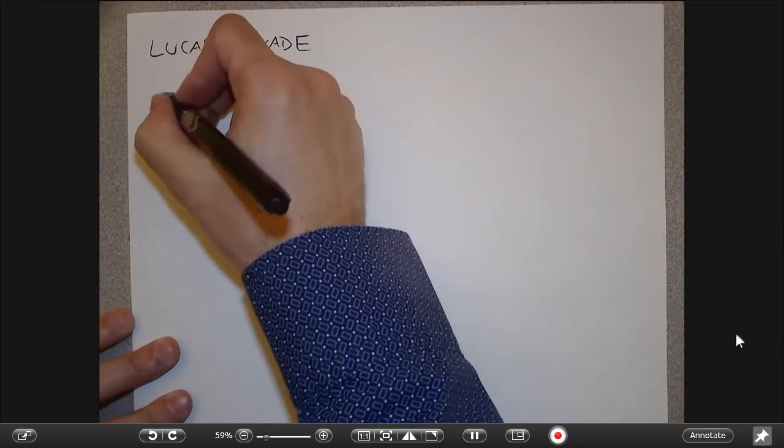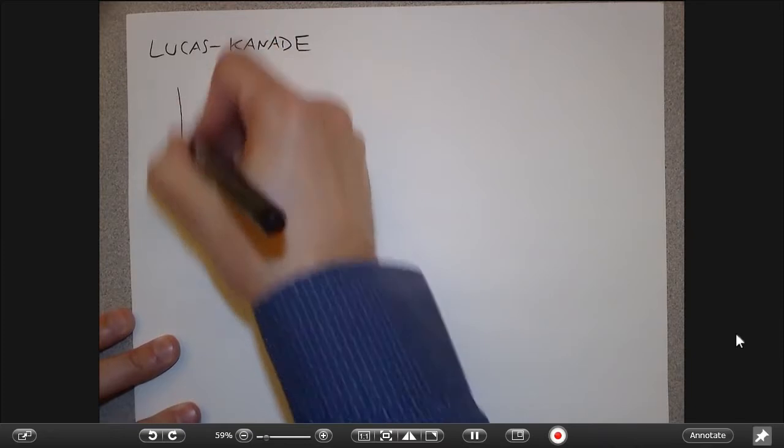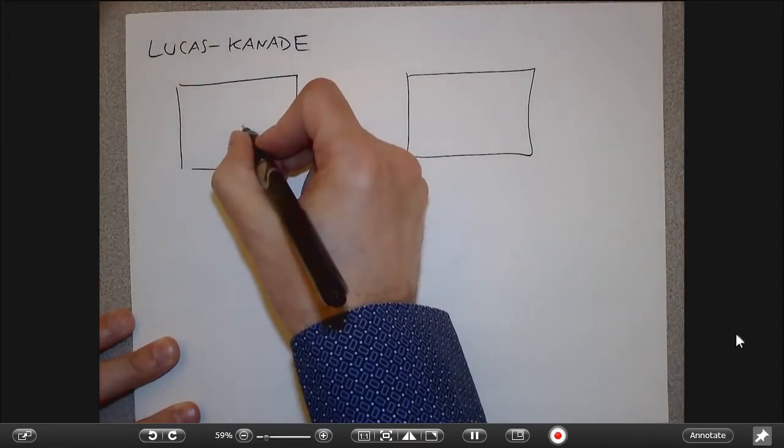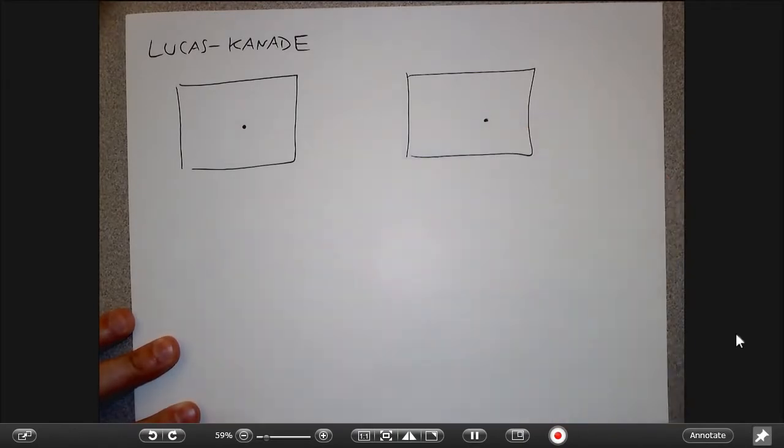So one way to think about that is, the main idea is I could say, okay, well, let's suppose that I want to think about flow as a process of matching local pixels, right?